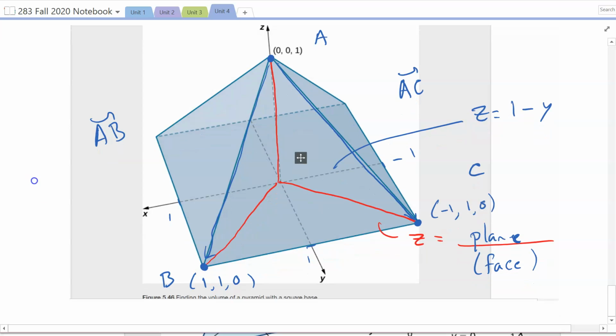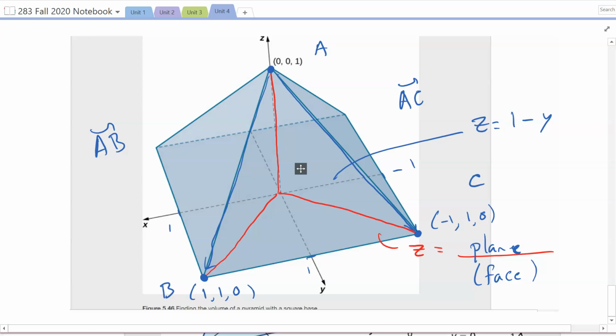To set up the limits of this triple integral, we need to say to ourselves, for each point in the projection of that solid, I'm just putting a generic one there in orange, we're going to let z vary from the bottom, which is z = 0, up to the top, which is the face we just found, z = 1 minus y.